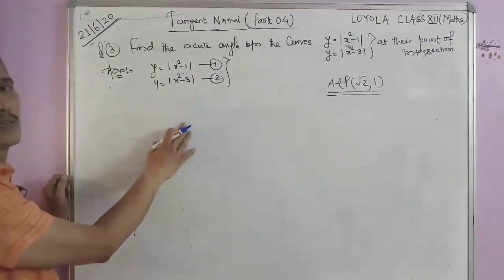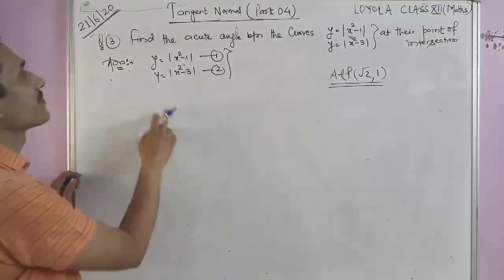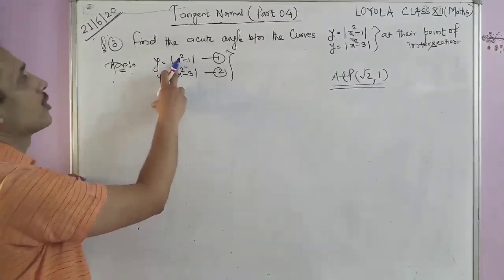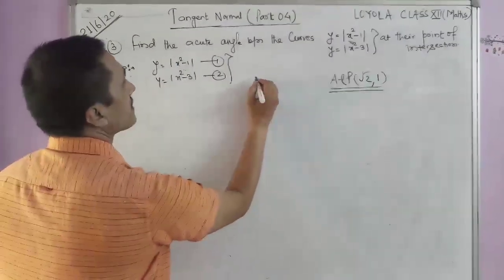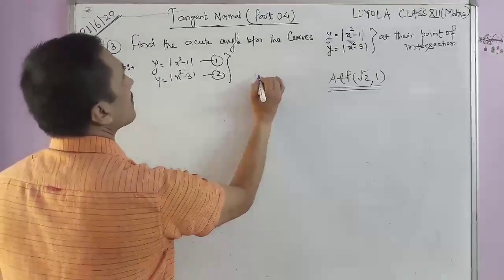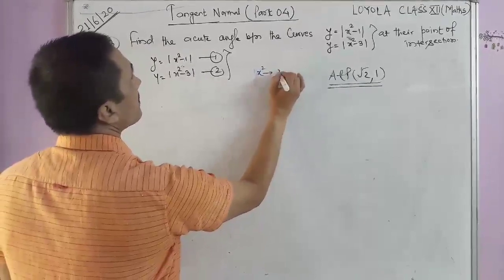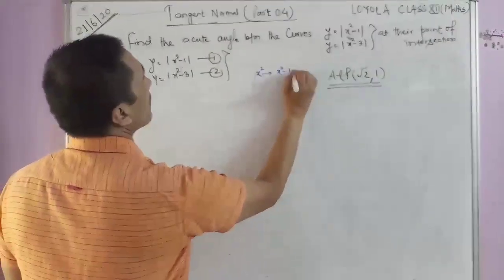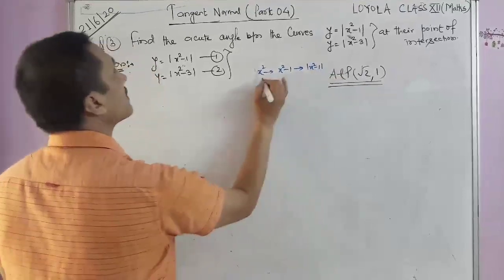We see the question graphically. Here modulus of x² − 1. First we take the function x², shifted to x² − 1, and then modulus of x² − 1.